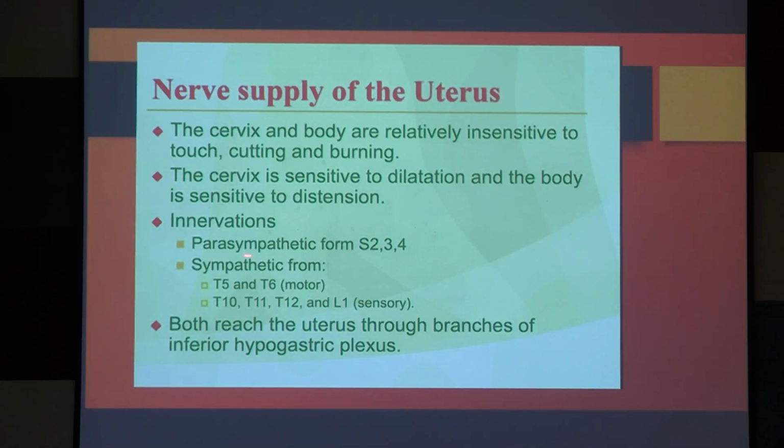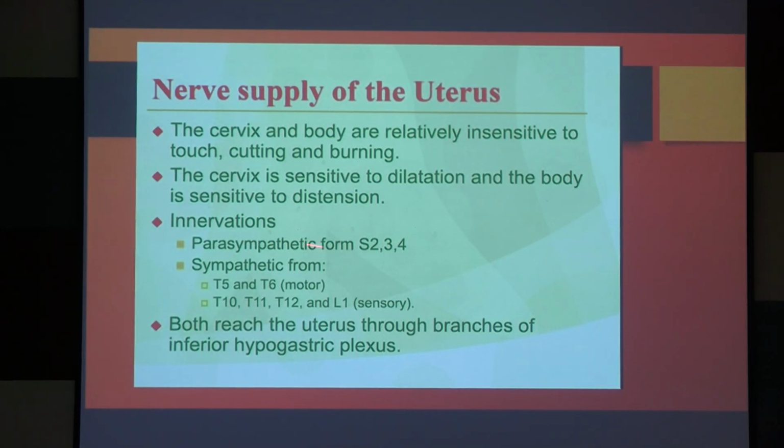T5 and 6 is motor, so even with this drug the motor function will not be lost. The uterus will be contracting and relaxing, which is beneficial. And the parasympathetic supply is from S2, 3, 4, where sensory sensation is also present. S2, 3, 4 is the lower back and the limb.